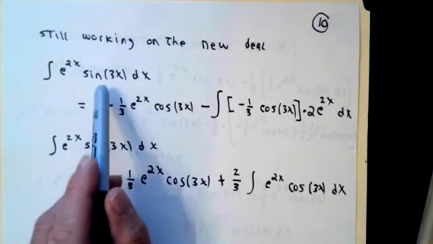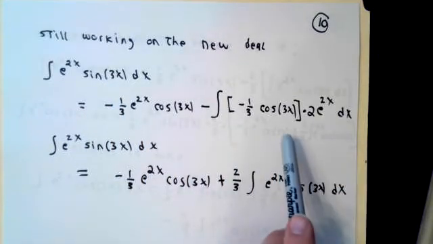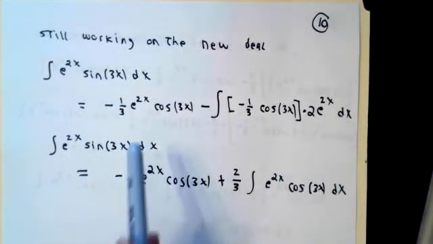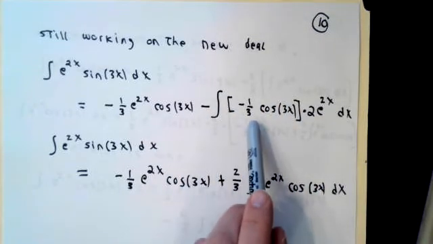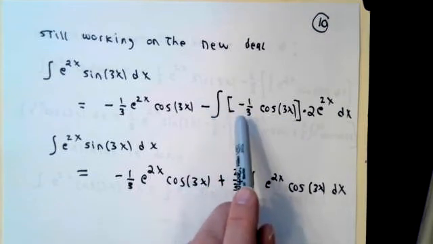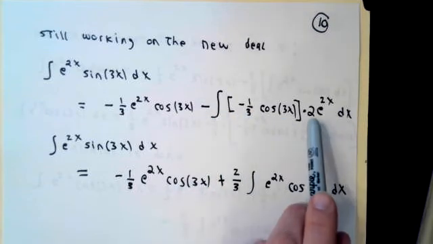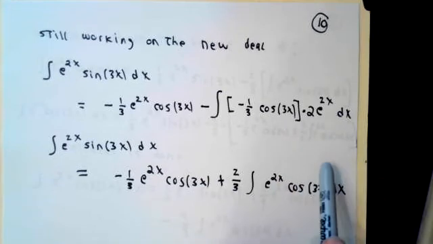Integral of e to the 2x sine 3x is u times v minus integral of v du. I'm going to rewrite this. I could take a factor of negative 1/3 out front of this new integral, and I could also take out a factor of 2. I could take out a factor of negative 2/3.